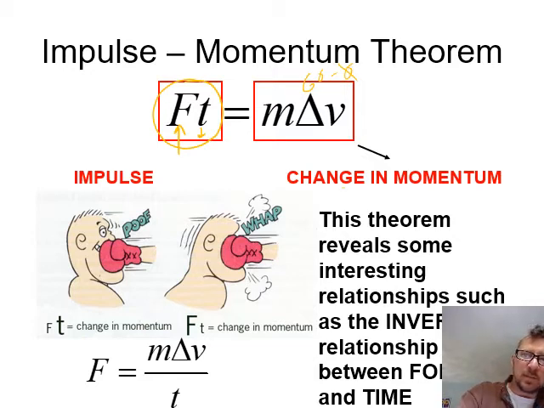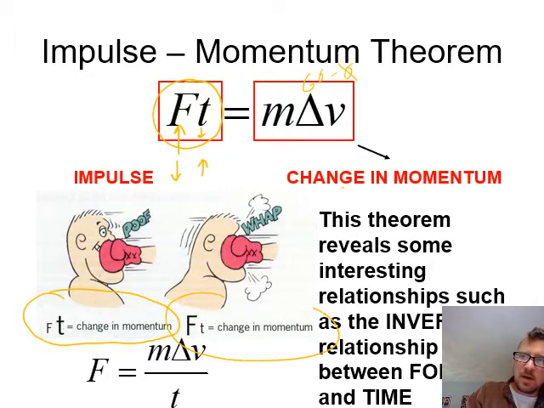So if your time is somewhat big, your force goes down. And that's super important. Boom. If that change in momentum happens in short time, it's big force. Change in momentum happens in a big amount of time, it's a small force.